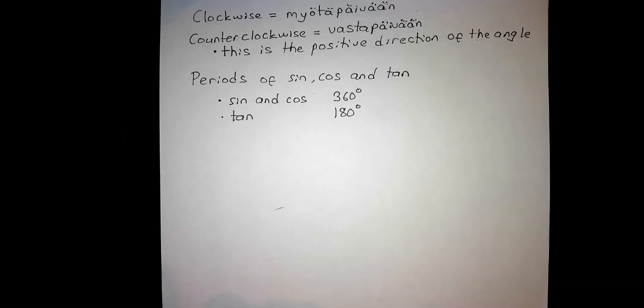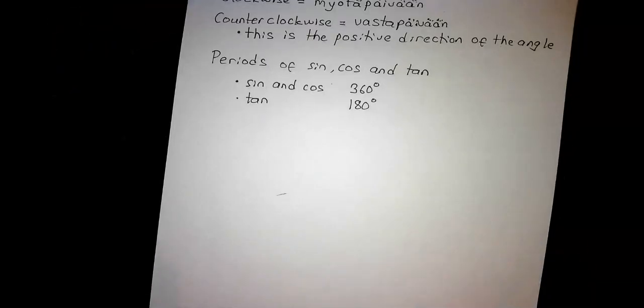So when we are having an equation and we are not solving a problem concerning triangles, then we always have to take into account that these trigonometric equations have an infinite number of solutions, because there is that period.